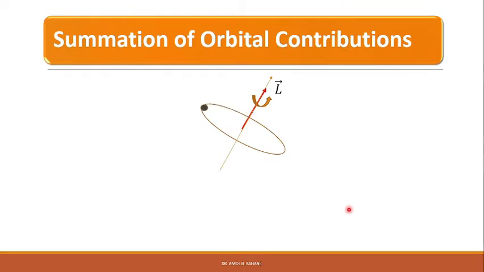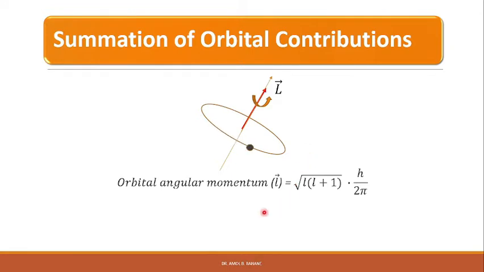Now, let us study the summation of orbital contributions. An electron moving in its orbital about a nucleus possesses orbital angular momentum. The orbital angular momentum of the electron is denoted by L vector and expressed in terms of L value, that is the orbital quantum number of the corresponding orbital.